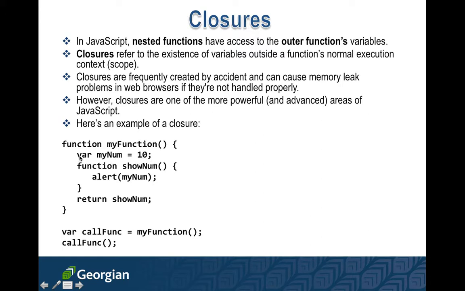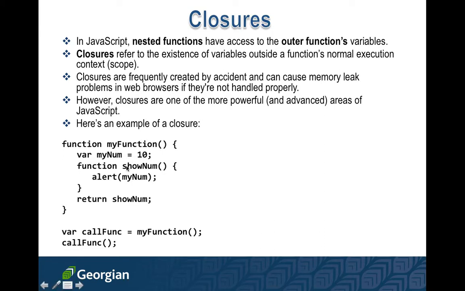What scope do I have for this myNum? It's within this body, between this brace and this brace. That's where myNum lives and dies. But it's also available to this anonymous function, which gets called right away because I don't have to call showNum. It's an anonymous function that gets called right away.